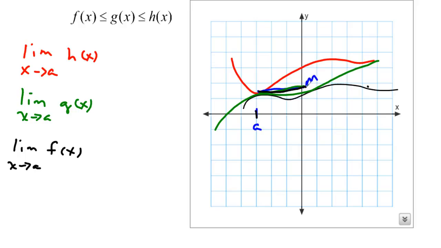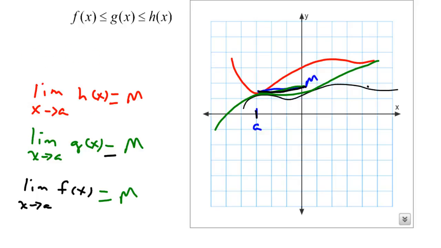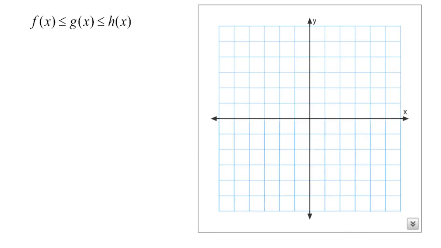In other words, all three of these would have to have the same limit as x approaches a. And that's what the squeeze theorem basically says, that this limit as x approaches a for all three functions would just be M.